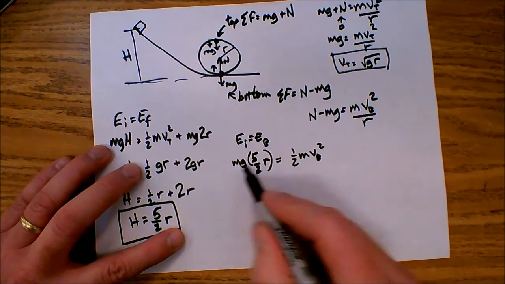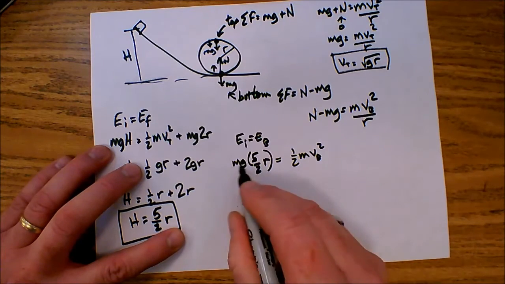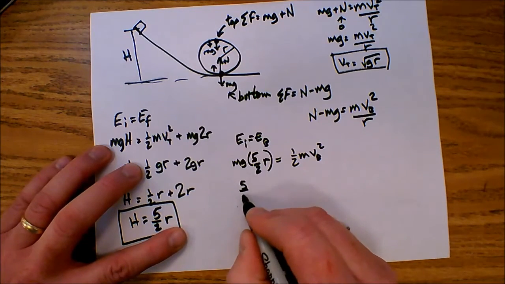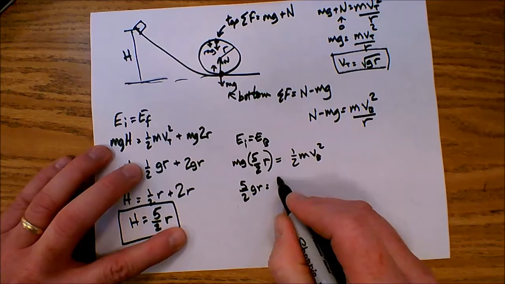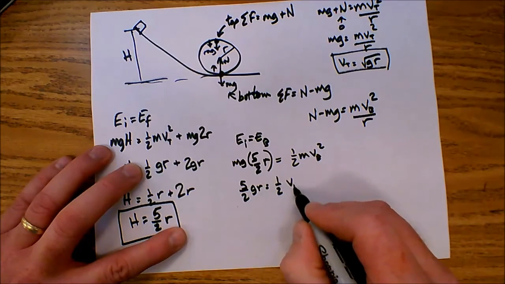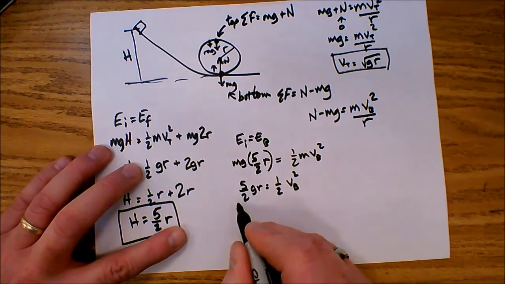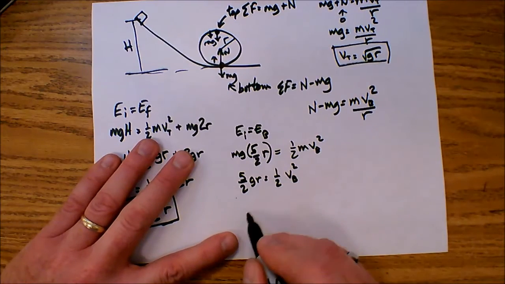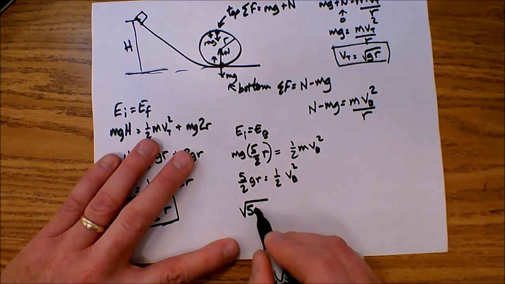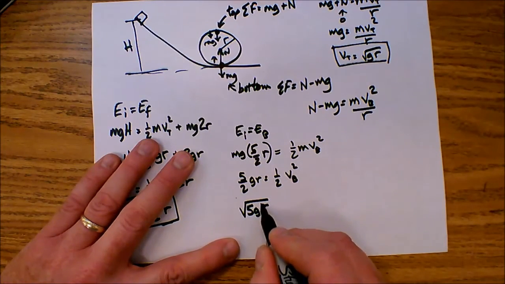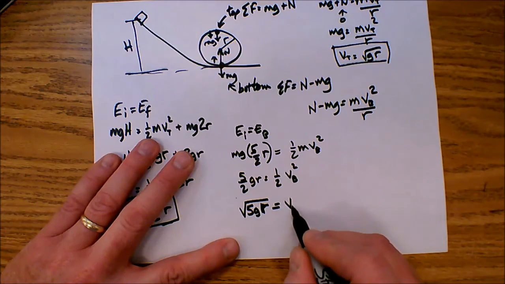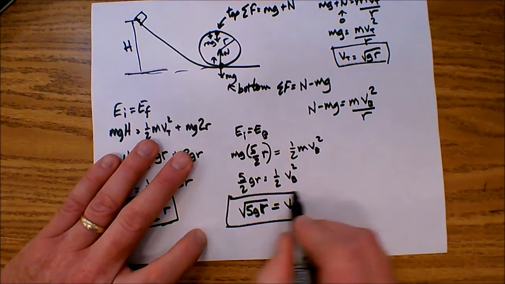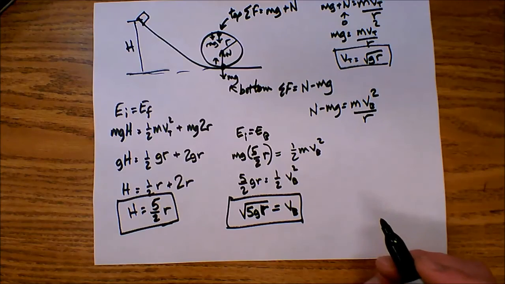So here I can divide out the mass, and I've got 5/2 gr equals 1/2 v_bottom squared. I can multiply everything by 2, and then take the square root. So the square root of 5gr is equal to the velocity at the bottom. So we found the velocity at the bottom.